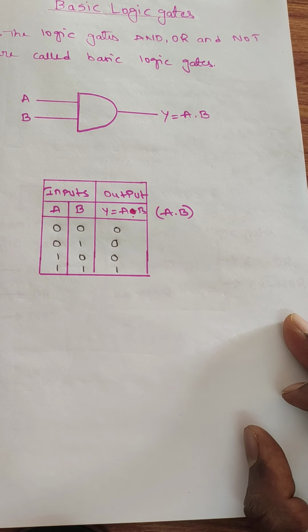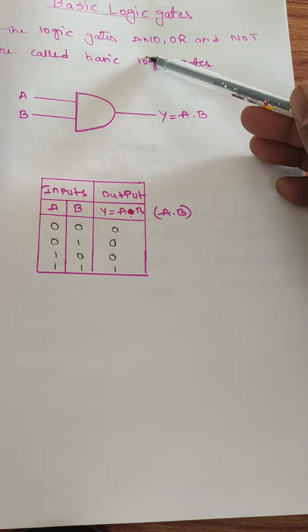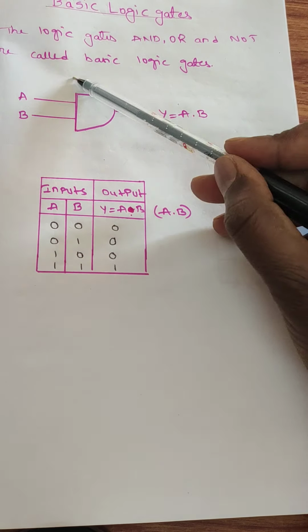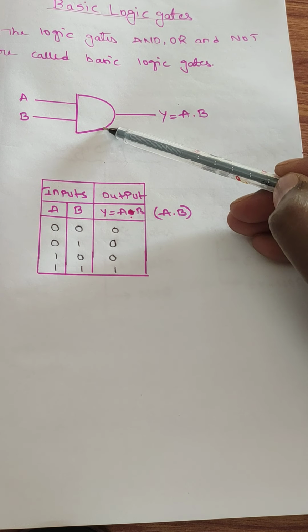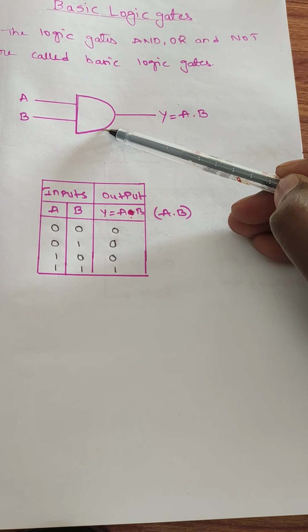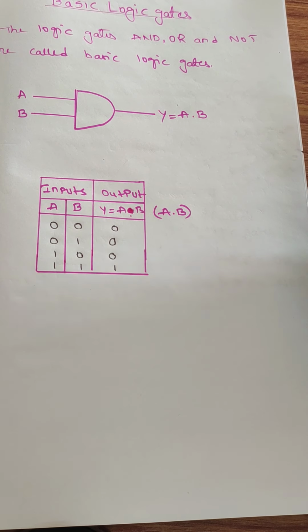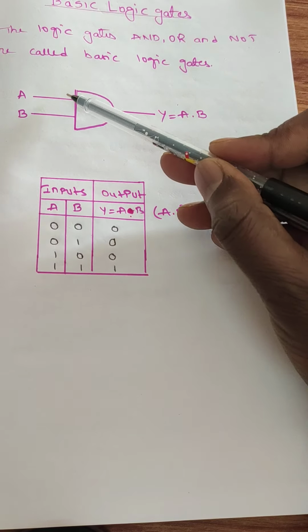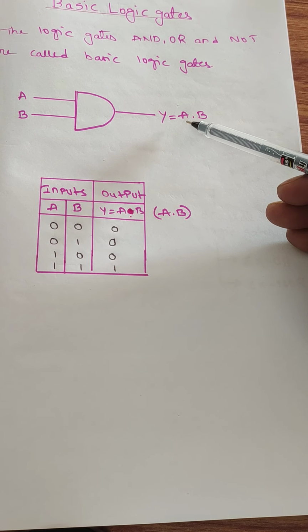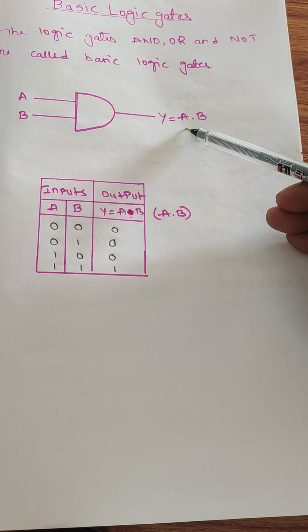The logic gates AND, OR, NOT are called basic logic gates, and here is the symbol of the AND gate. This AND gate contains 2 or more inputs and only one output.